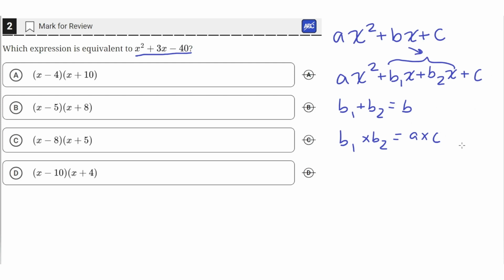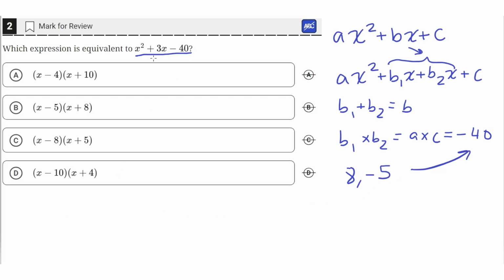So in this case, a times c is equal to 1 times negative 40, which is just negative 40. And the only 2 numbers that satisfy these 2 conditions are 8 and negative 5, because 8 minus 5 is equal to 3, and 8 times negative 5 is equal to negative 40.